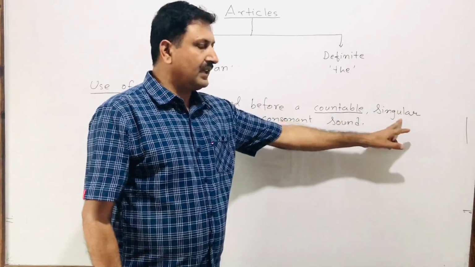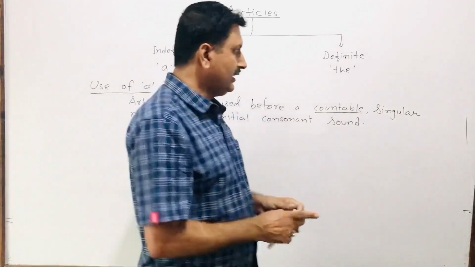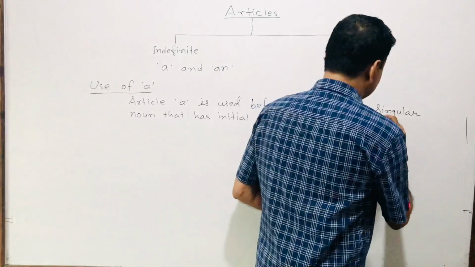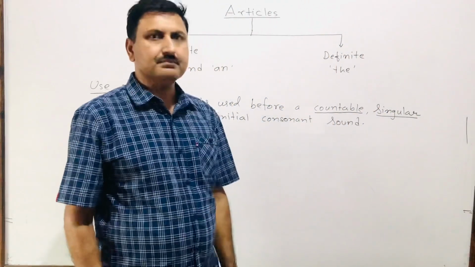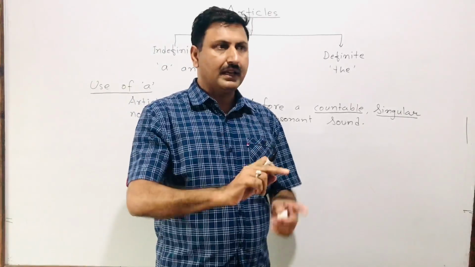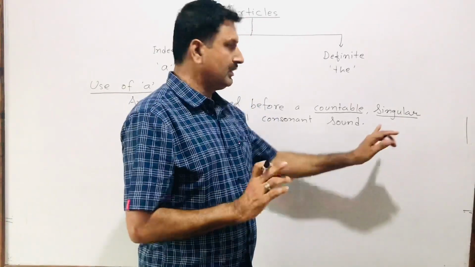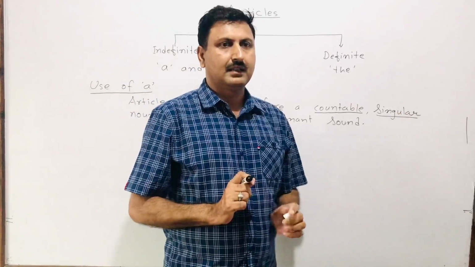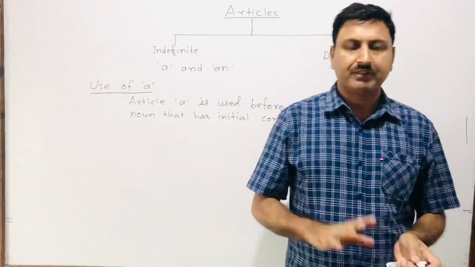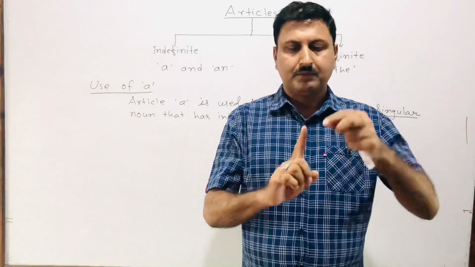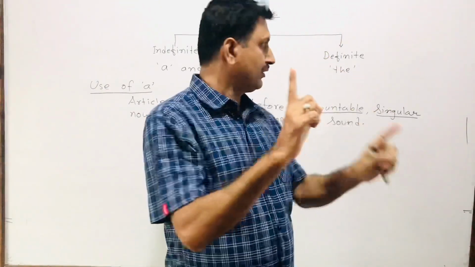And the second thing is the noun must be singular. The countable noun must be singular. If it is countable and if it is not singular, we cannot use article A. For example, finger: finger is countable, but this should be singular.